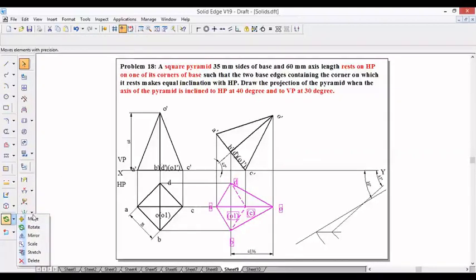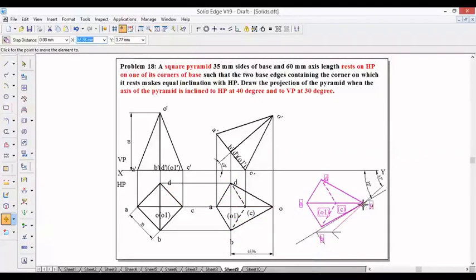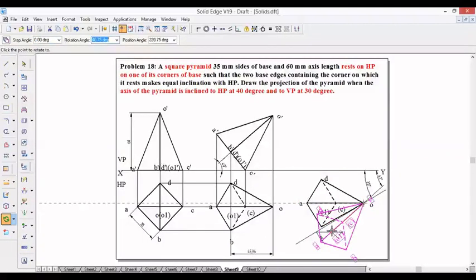Now with this data, let us move the second position top view using the move command in such a way that O will be at this end point, and rotate in such a way that OO1 will come on this 41 degree line.